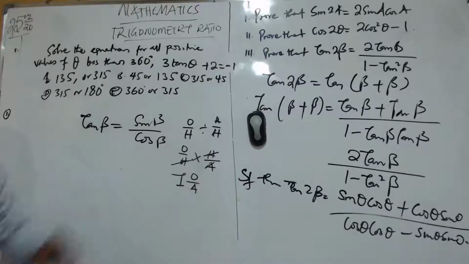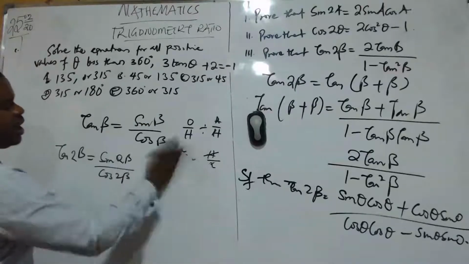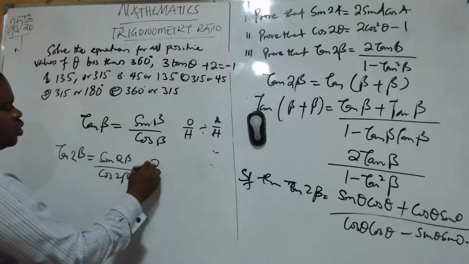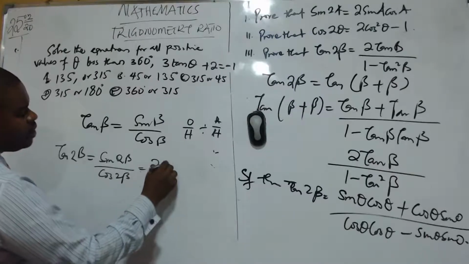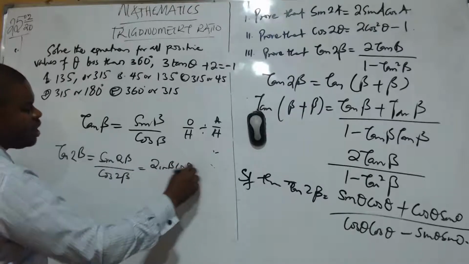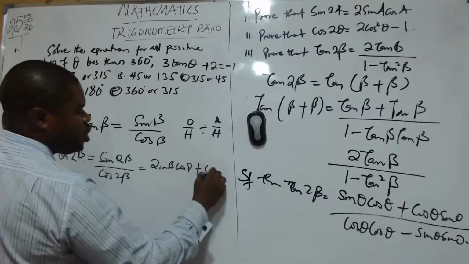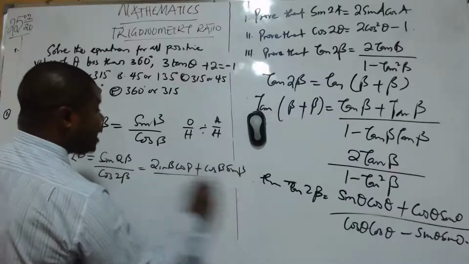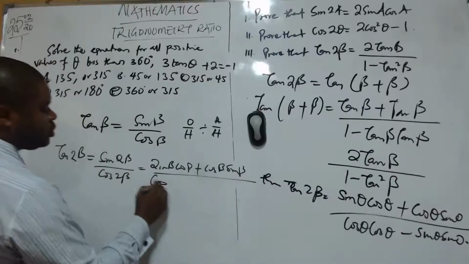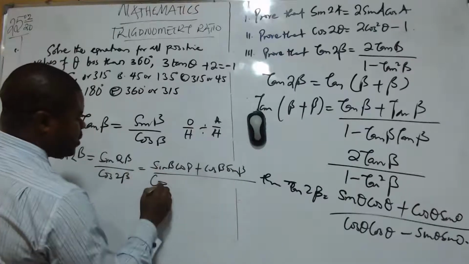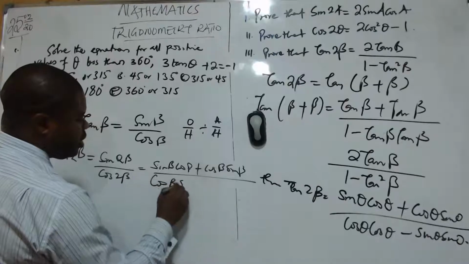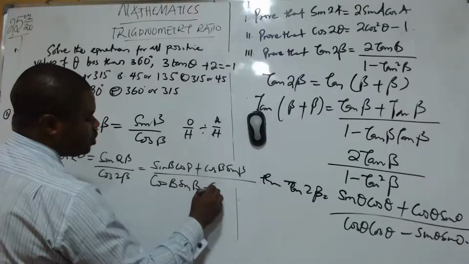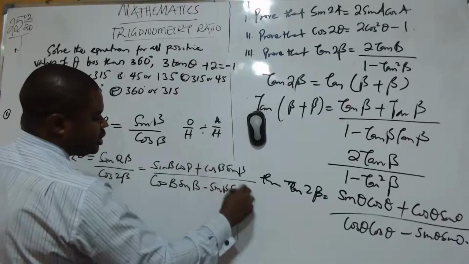Then having known this now, the question says, now we are going to have sine beta cos beta plus cos beta sine beta from the addition formula. You have sine beta cos beta over cos beta cos beta minus sine beta sine beta.